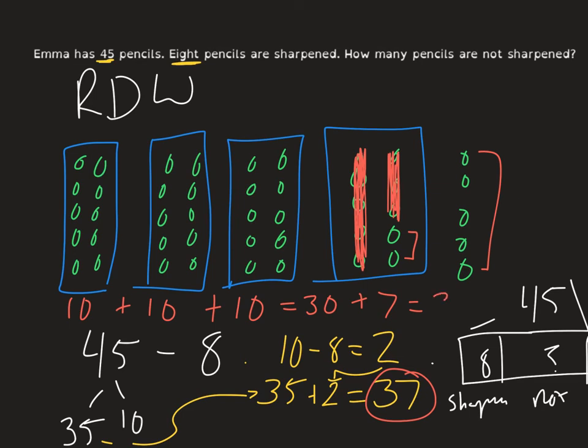So we get 37. Yeah, 10, 20, 30, 31, 32, 33, 34, 35, 36, 37. Yeah, both ways, we got our answer right. We can see it in this picture, in this extended number sentence, and in our number bonds.